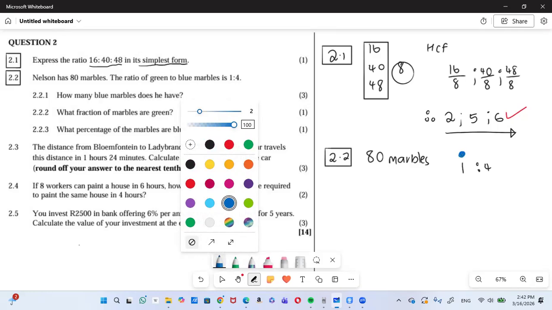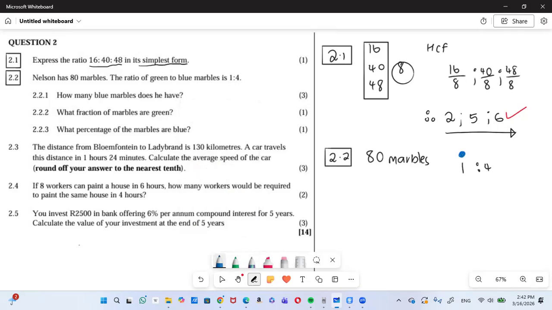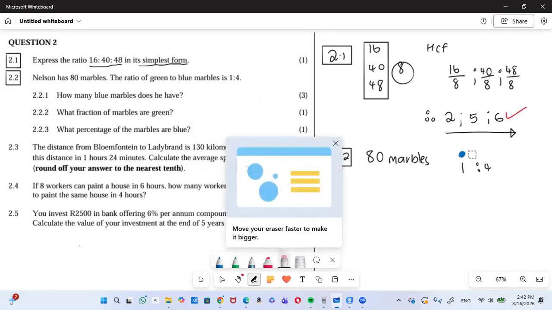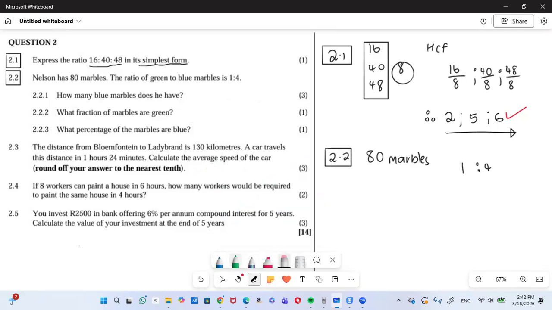The green is 1, so let's get our green pen. There's our green, and then the blue is 4.